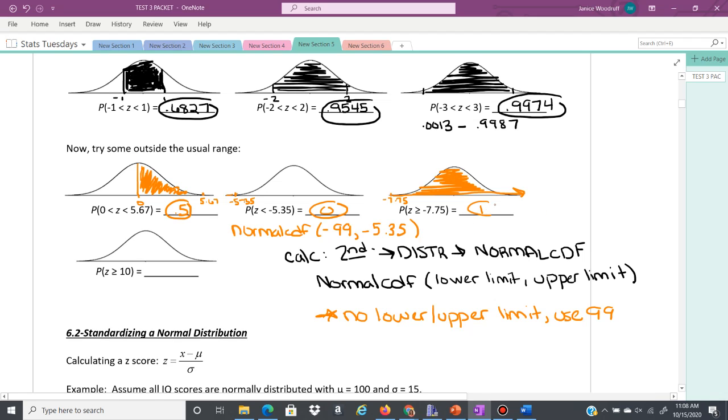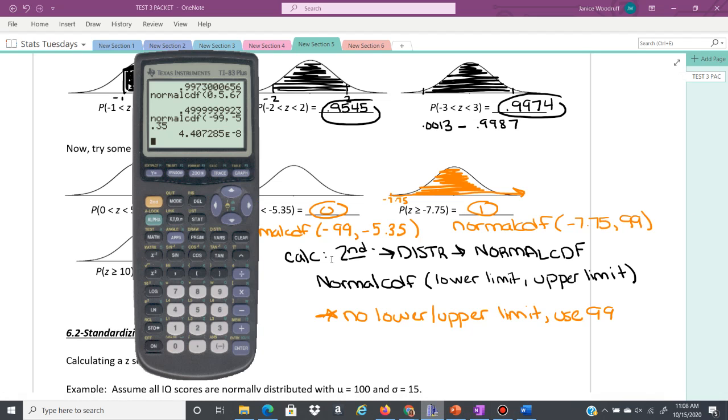So if we put this in our calculator, we would do normal CDF. Our lower limit would be -7.75. Our upper limit, +99. And then we get 1.